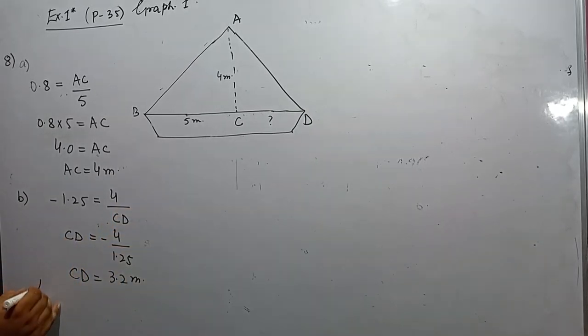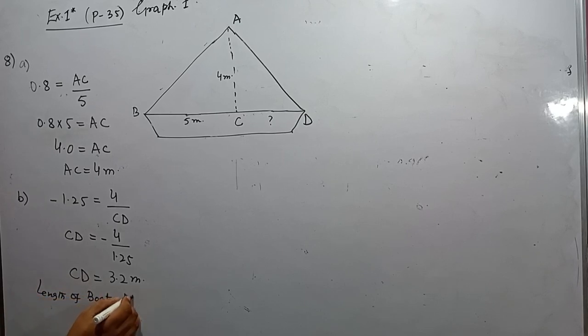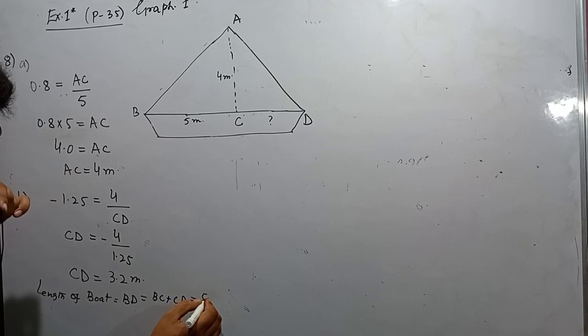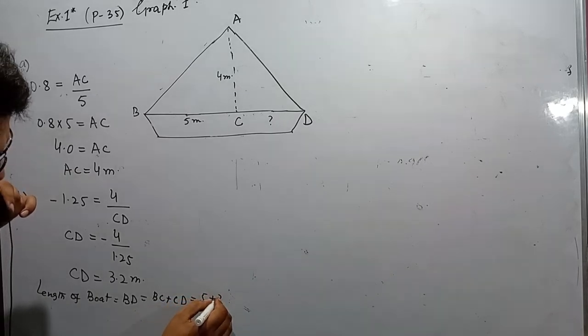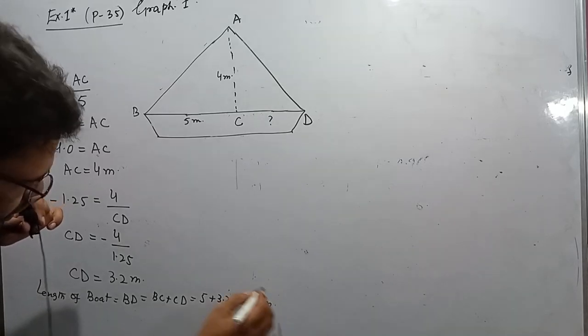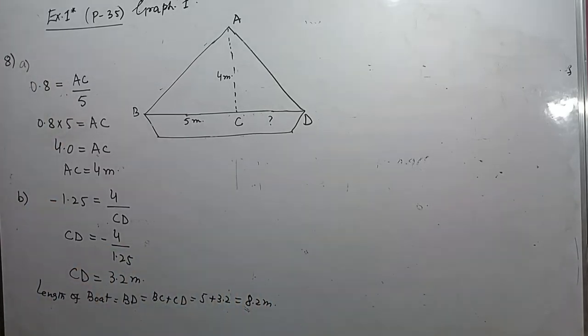I can write here length of board is equal to BD, that is the portion BC plus CD. BC is 5 meter and CD is 3.2. It will become 8.2 meter. This is the answer of the part B of the question 8.